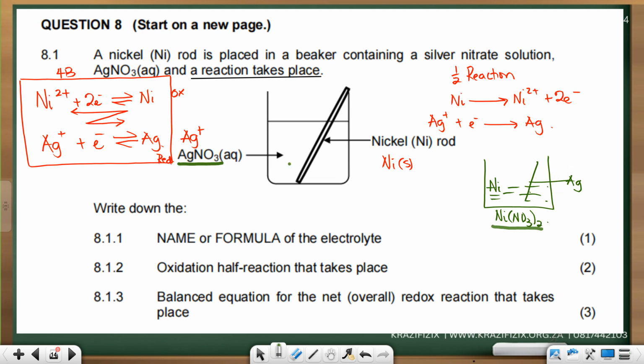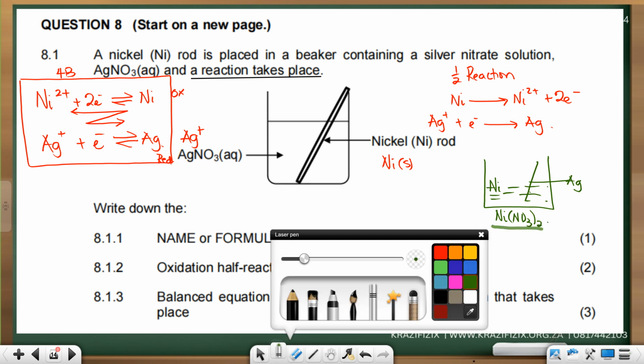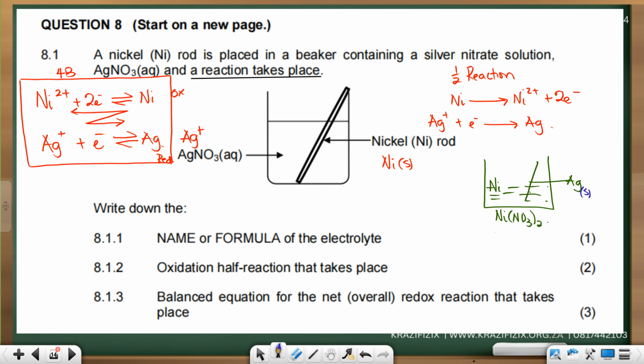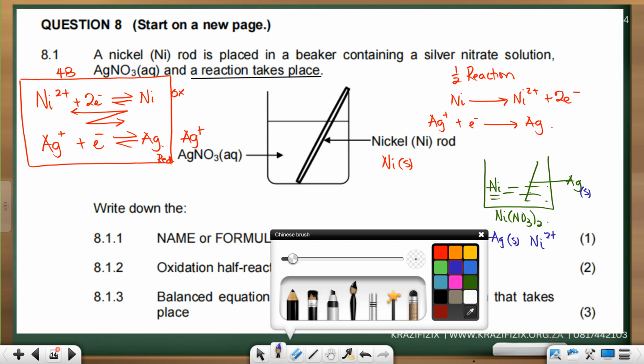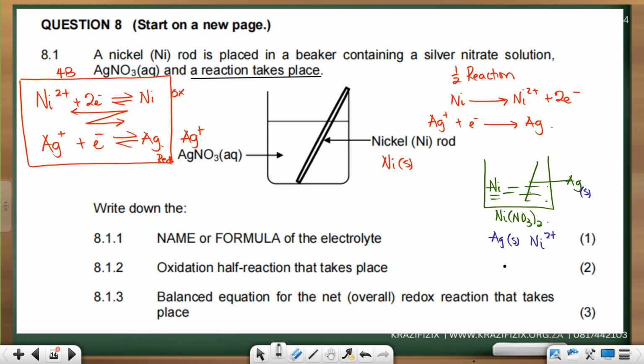It's now what? It doesn't have a plus. What do we then have here now? What do I have? I have silver what? Solid. And because this is a solution, it is what? Ni 2 plus. That's what I have. Is it spontaneous? It will not be spontaneous. Why will it not be spontaneous?